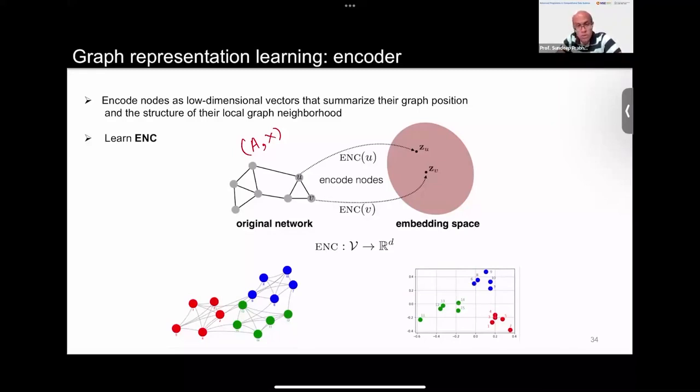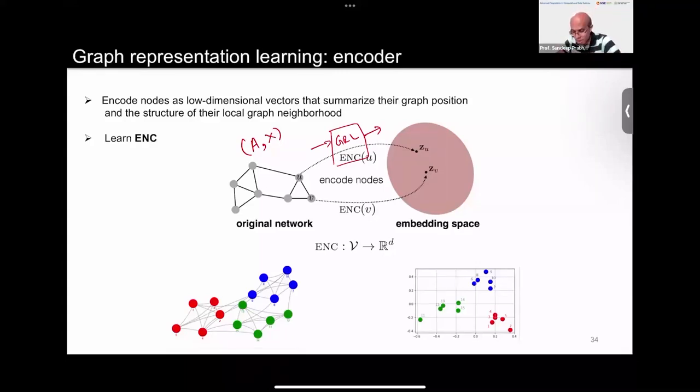Now, what we would like to do is take this information into account and pass that through some black box, which is the graph representation learning tool. It could be based on graph neural networks, or it could be based on something else.